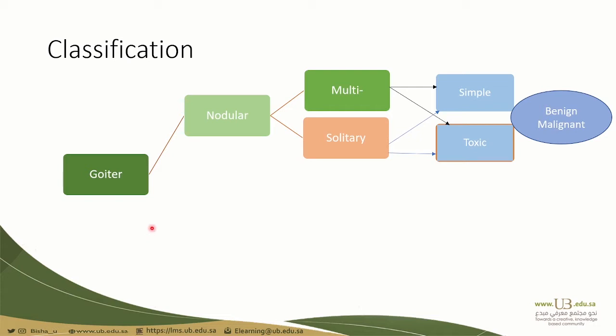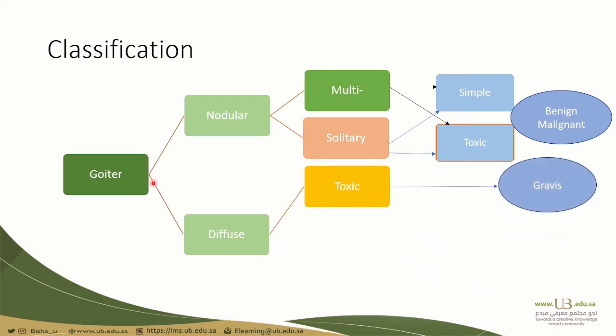Goiter also can be diffuse. And this diffuse goiter can secrete more than the requirements of the body of thyroxine, and we call it toxic. And this is clear in Graves' disease.